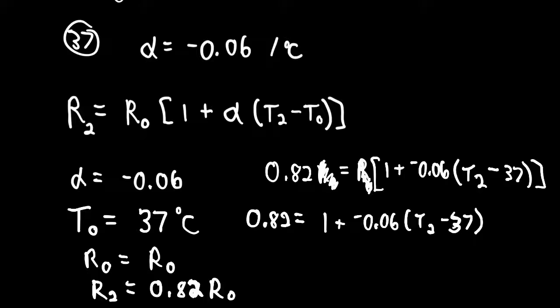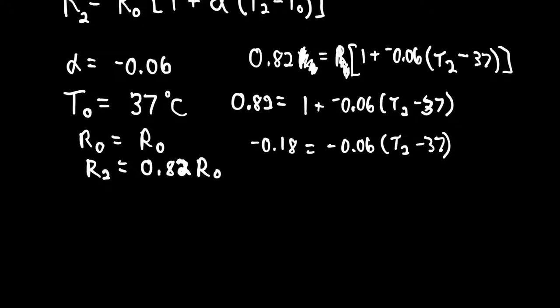Where do I go from here? Subtract 1 from both sides. What's 0.82 minus 1? Negative 0.18. And that equals negative 0.06 times T2 minus 37. Where do I go from here?